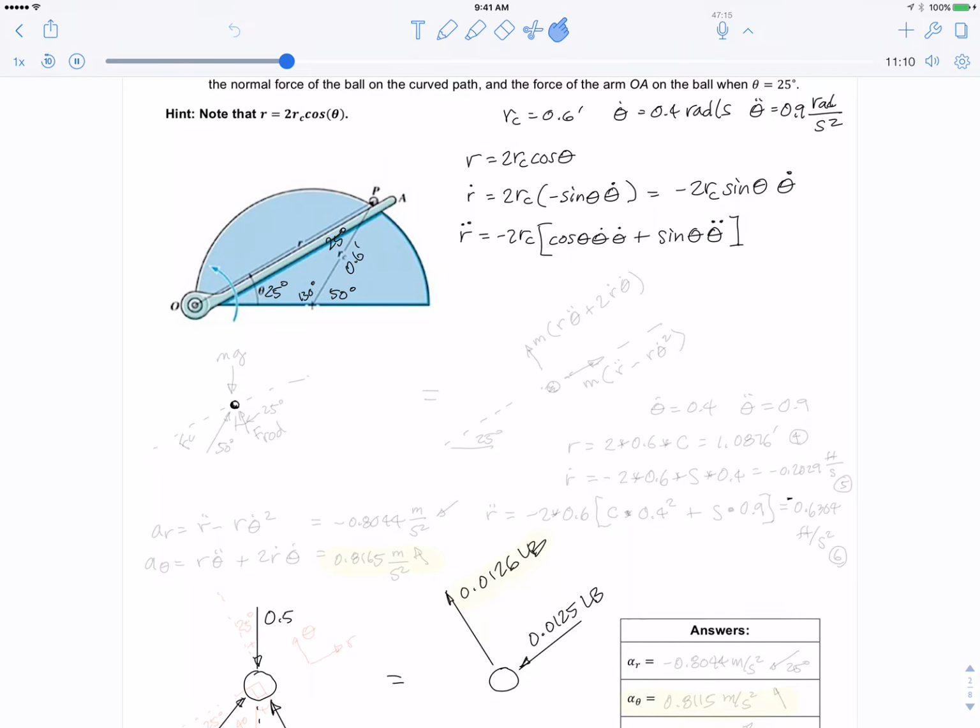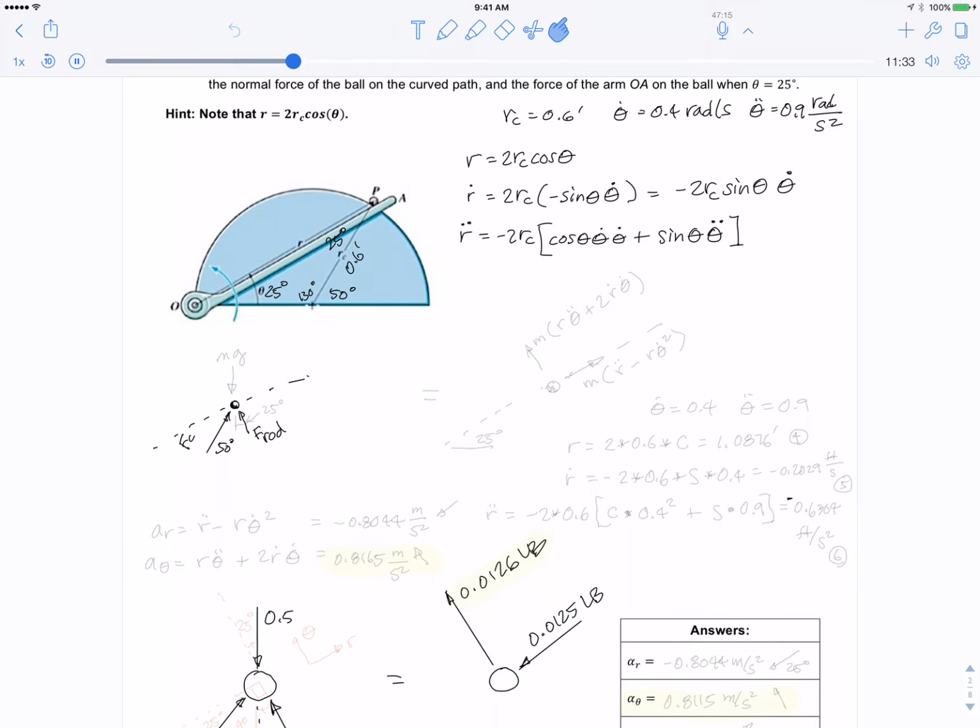So what we know is that the force of the circle, which is normal to that, I'm going to call it force of the circle, has to be at 50 degrees. And then I'm going to draw in the arm, which is at 25 degrees. And so normal to that is the force of the rod.